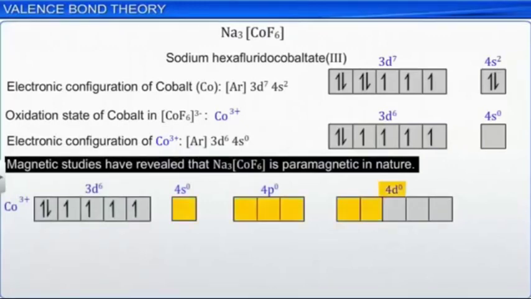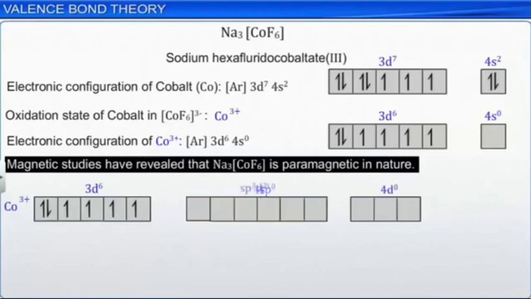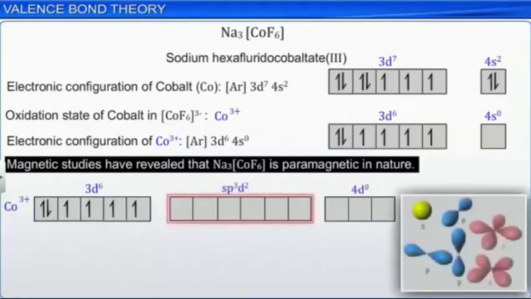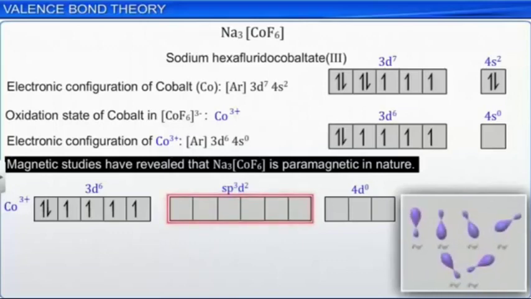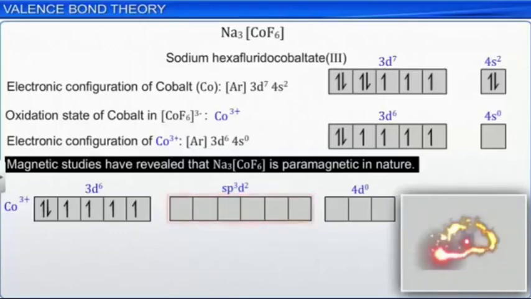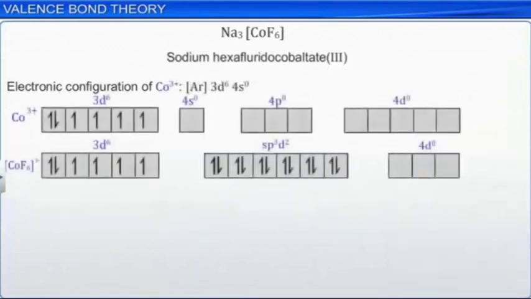Thus, the cobalt ion undergoes sp3d2 hybridization and has octahedral geometry. As the outer d orbitals are utilized for hybridization, the complex is also called an outer orbital complex, or high spin, or spin-free complex.